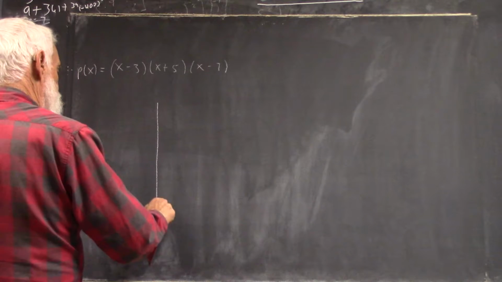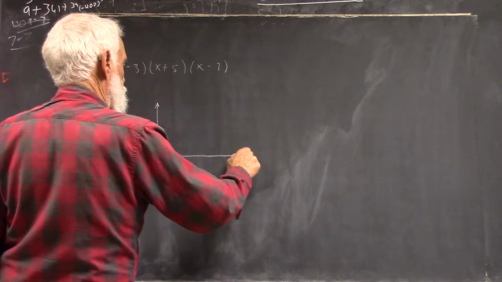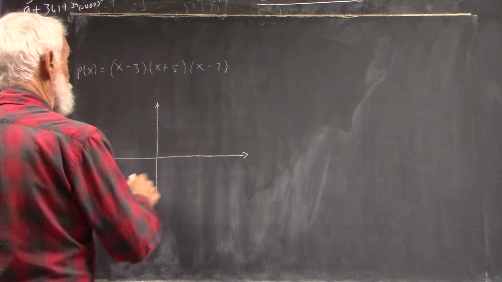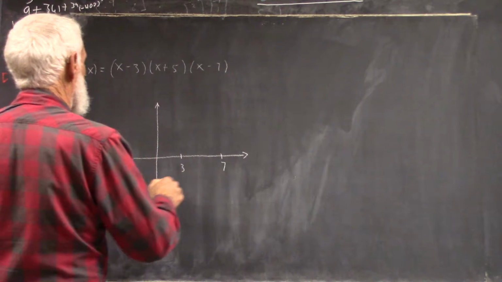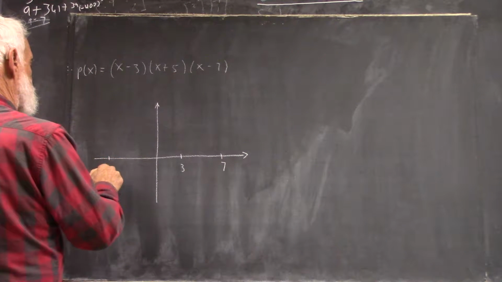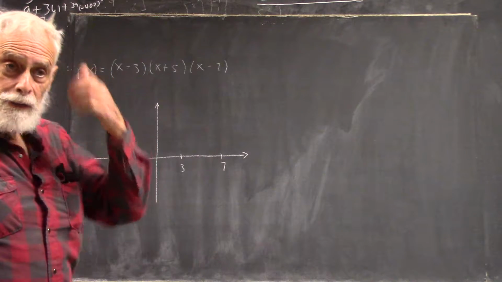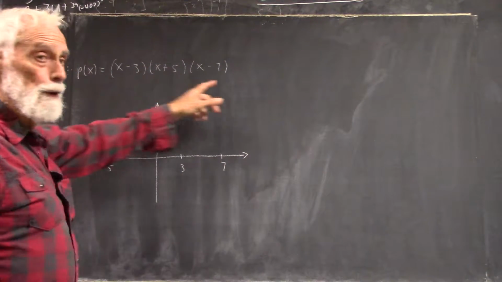Okay, so I'll tell you a little more about how to graph these things and then maybe extend it to things we can do for rational functions. So we have zeros at 3, 7, and -5. Make sure you check these out, because it's really easy to write down zeros at 5 and -3 and -7.